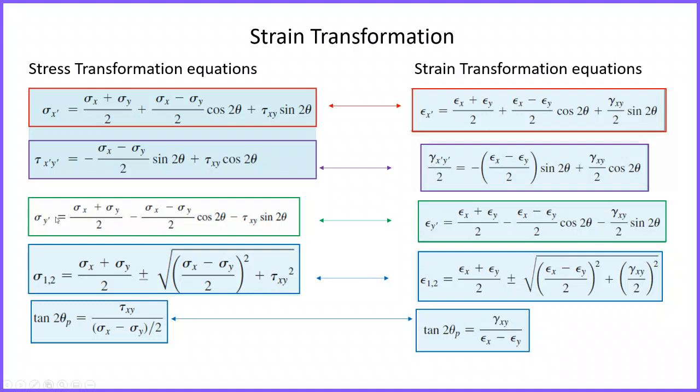And this is the equation of principal stress, sigma 1, 2. The only difference is that you need to replace your stress component with the corresponding strain component. Sigma x should be replaced by epsilon x, and so do sigma y and tau xy.